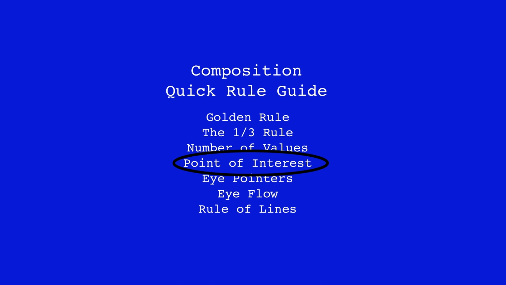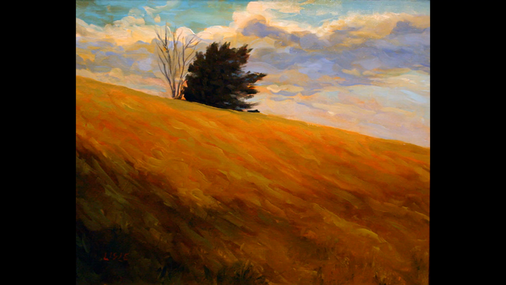The 4th rule is point of interest. Things that can help define your point of interest. In this first painting, I used the contrast of the tree to make the center of interest. Making something the lightest or darkest subject in your painting is one of the most common ways to make the center of interest.